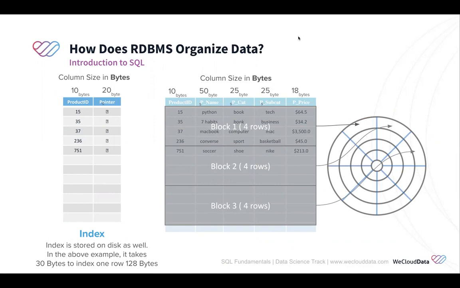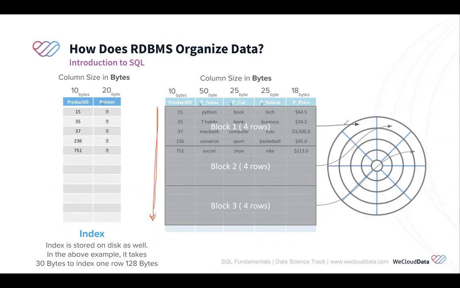And we can have an index as well. Imagine you have millions of products, right? So knowing which block has the product ID is hard if we don't have the index. Imagine you have millions of rows, right? We basically need to go from the top and read all the way till the end until we find the product ID we're looking for.